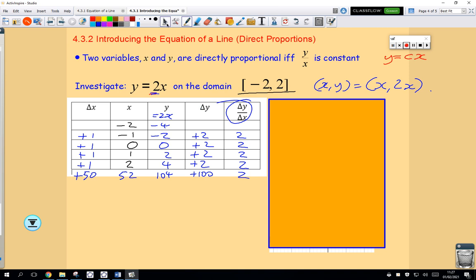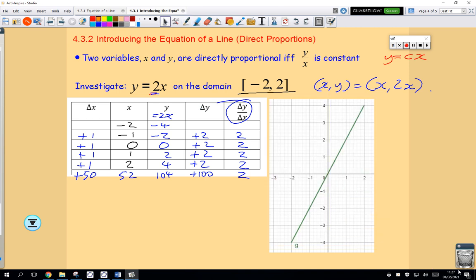We can graph it, and again, I've done the work already. I've just plotted those points. Remember, every point has an x coordinate, comma, y coordinate. So that's -2, -4 down there, -1, -2, 0, 0, 1, 2, and 2, 4.